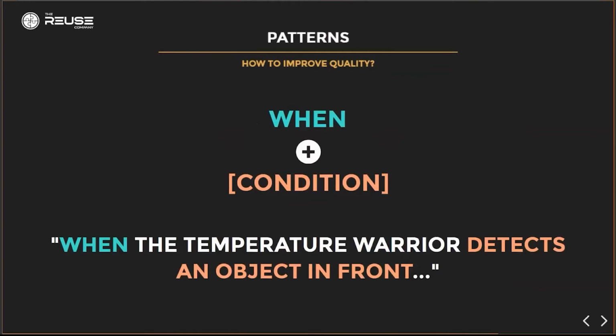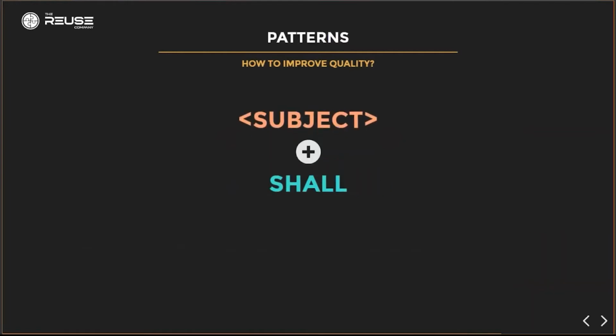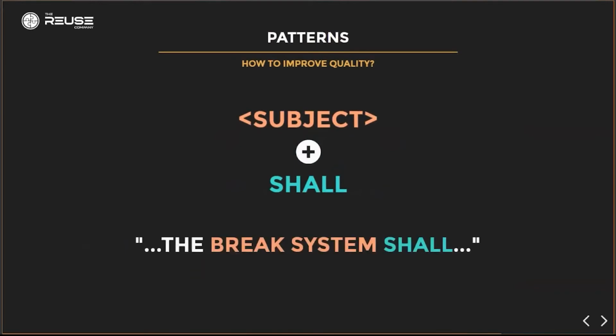So in this case, we'll take a look at a very simple one, which begins with a when plus condition. So the structure part is going to be on top, and then below we have a little example, right? So when plus condition, as you can see, when the Tempo Warrior, which is our overall system, detects an object in front, let's say like that, then we have a subject plus a shall.